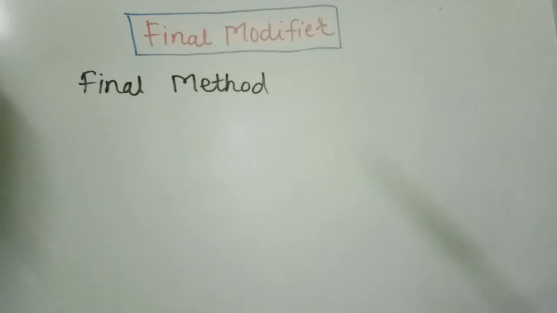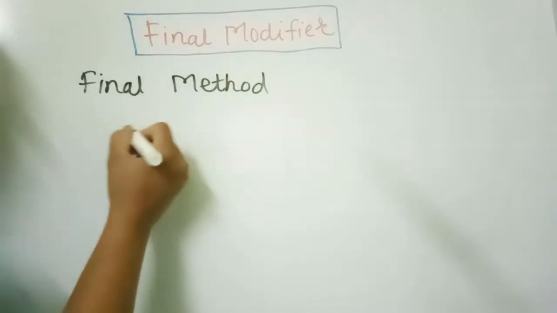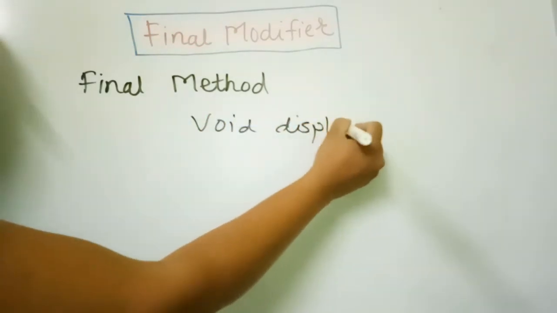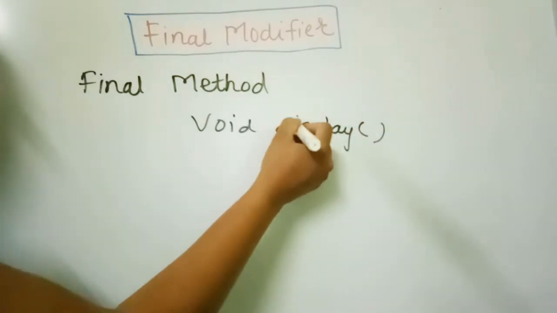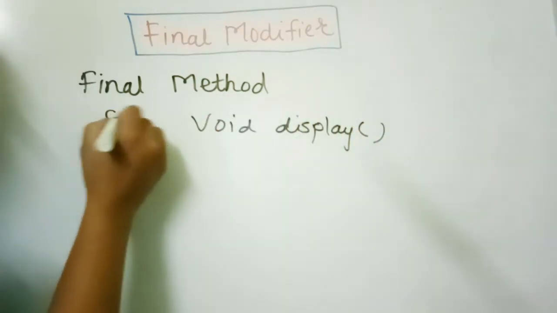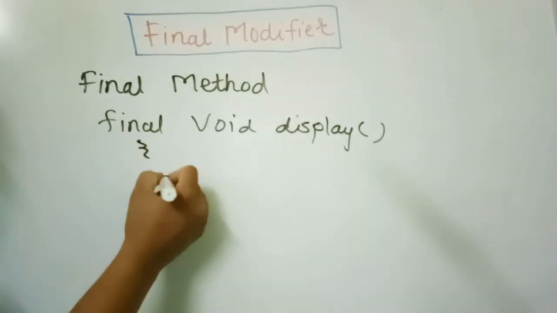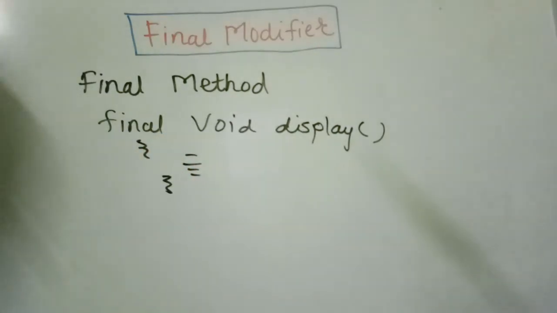It ensures that the functionality defined in this method will never be altered in any way. For example, you have written the function like void display. Then only use the keyword final before it and write the body part of it.